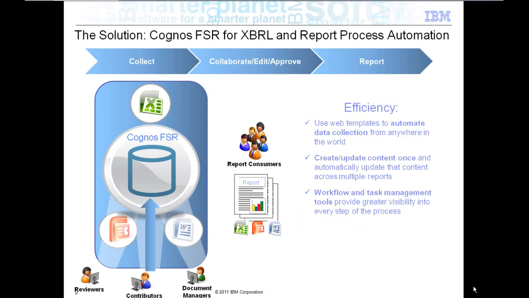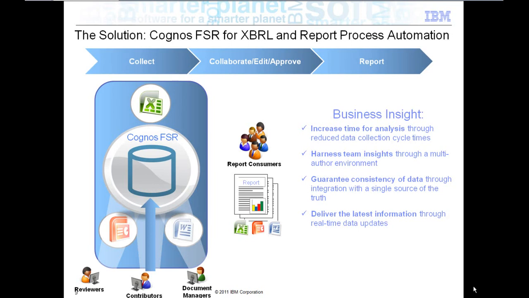Additional formats, which I'll discuss in a little bit, but continuing down the path of efficiencies for a brief moment, you have the ability with Cognos FSR to make use of web templates to automate data collection from any of your data contributors anywhere in the world. You'll also be able to create and update content once and automatically update that content across multiple reports in multiple formats all simultaneously. Workflow and task management tools will provide you with greater visibility every step of the process.